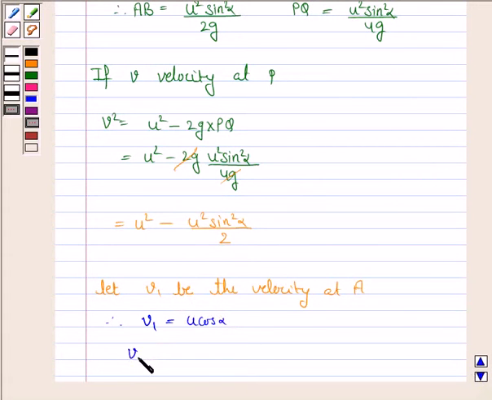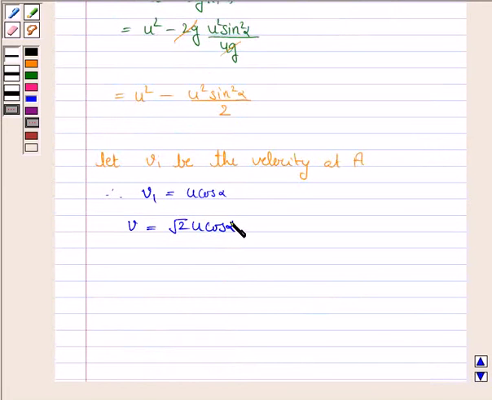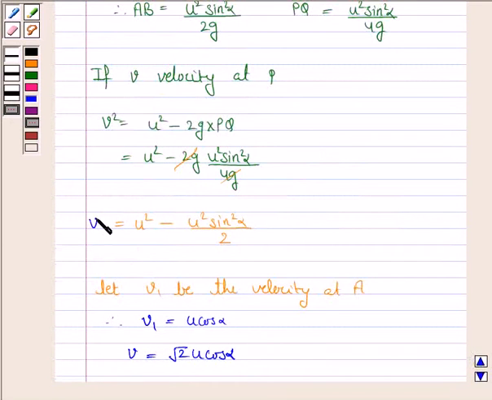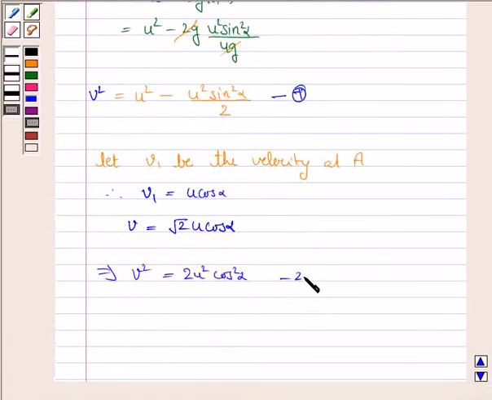So v is equal to √2 times u cos alpha. So this implies v square is equal to 2u square cos square alpha. Now we have v square is equal to u square minus u square sin square alpha by 2. Let's name this as 1 and this as 2.